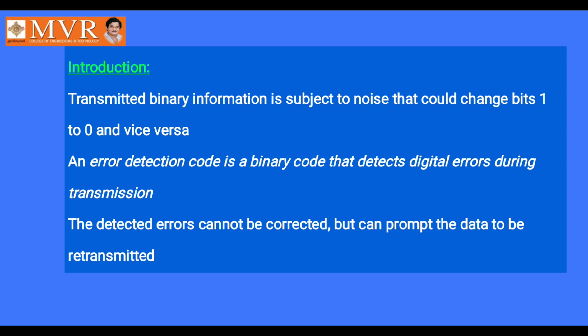You got my point? If the destination receives wrong data, it will just prompt the source that we received wrong data, please retransmit the data. Only that prompt can be given, but the error cannot be corrected by using this error detection code.